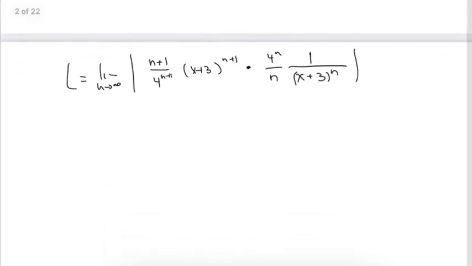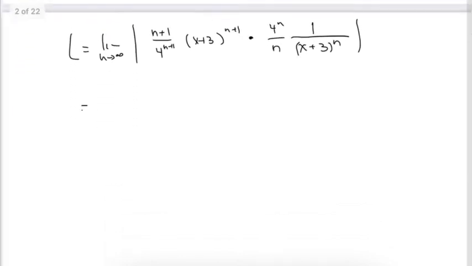And now we simplify. So you sort of put together the things that go together. First of all, can we talk about the absolute values? What effect do the absolute values have on anything? Everything inside there that I see is positive, except perhaps x plus 3. We don't know what x is, so that part might be negative. And so those absolute values really can just push into everything, and they will remain around the x plus 3s, but nothing else.